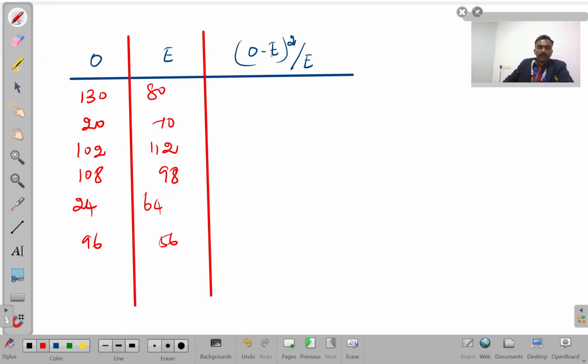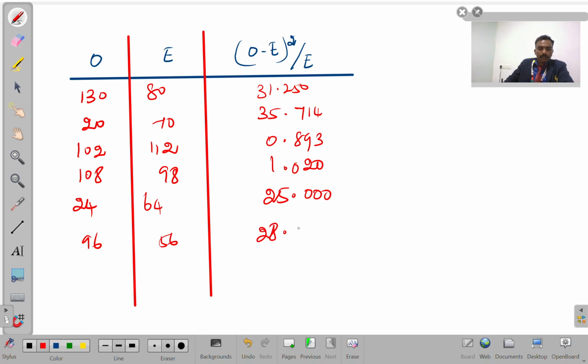Then you can find observed minus expected, the whole square, divided by expected for each: 31.250, then 35.714, then 102 minus 112 the whole square by expected value 0.893. The next one 1.020, next one 25.000, then 28.571.